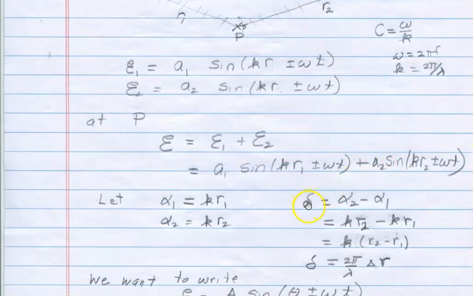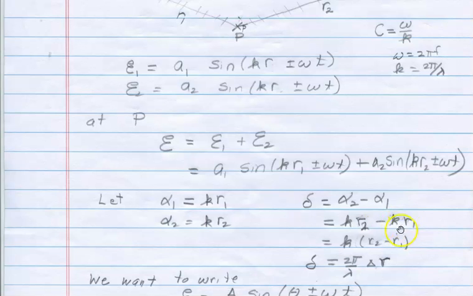Delta is the difference in those phase factors. So I generally define delta as alpha 2 minus alpha 1. And if you look at that and plug in what all these things are, this simply is k times delta r.